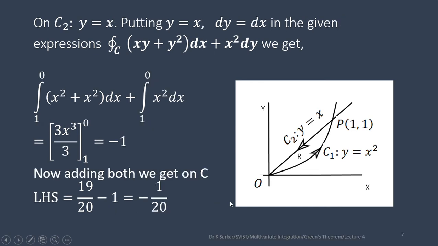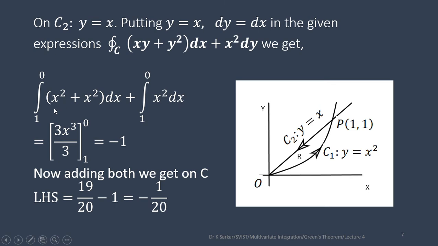Now let us find the single integral on the line C2. On C2, y equals x, dy equals dx. So let us put these values in the given expression. Then it becomes x square plus x square and x square, because dy equals dx.